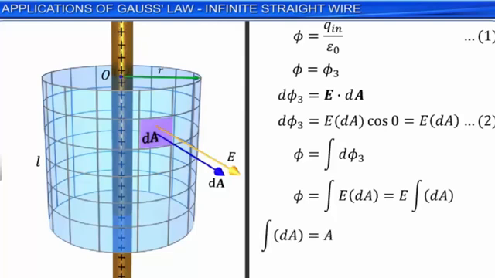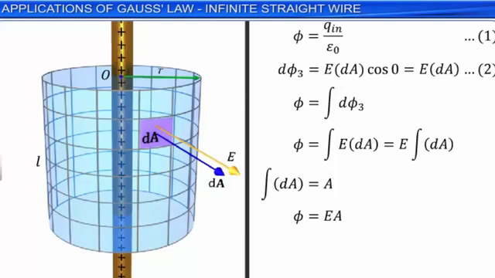Therefore, phi is equal to EA. The area A is equal to 2 pi RL, which is the curved surface area of the cylinder of length L and radius R. Substituting the value of A in the expression for total flux phi, we get phi equal to E into 2 pi RL. Let this be equation 3.